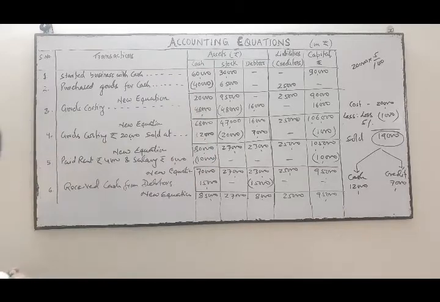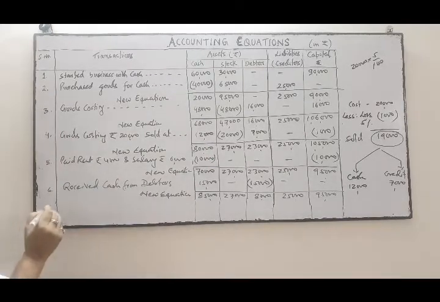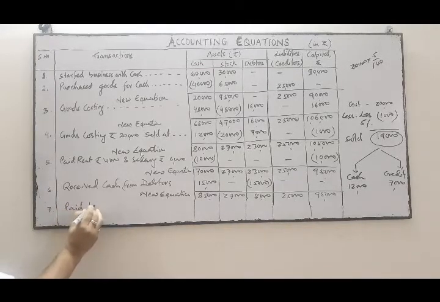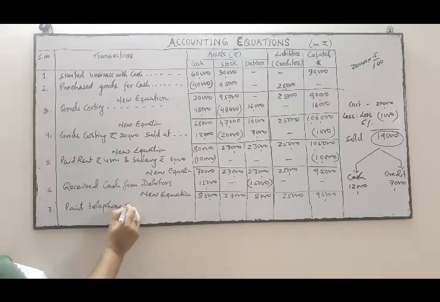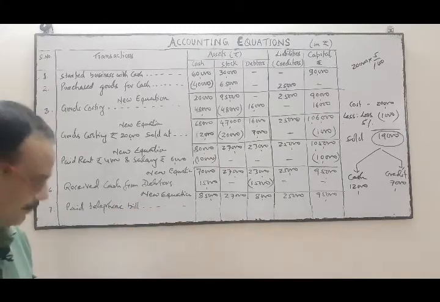Now come to the seventh transaction, transaction number 7. Paid telephone bill. Write the full sentence.